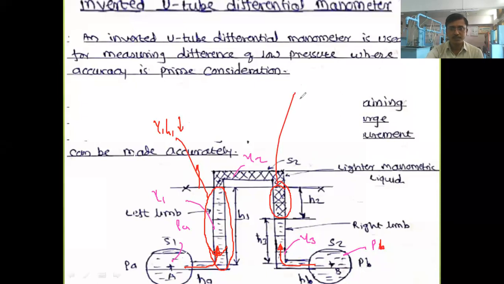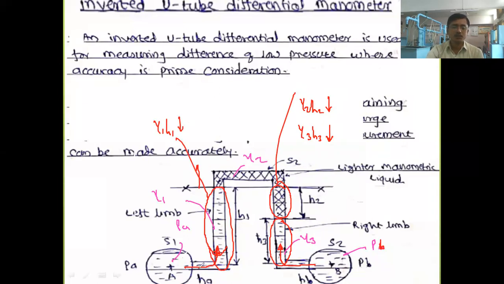It is acting downward. Again, the pressure intensity because of this column of liquid, gamma 3 H3, is acting in downward direction because again the gravitational force is acting on it.